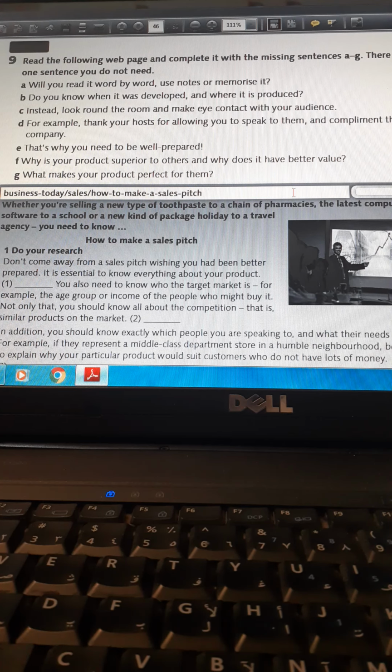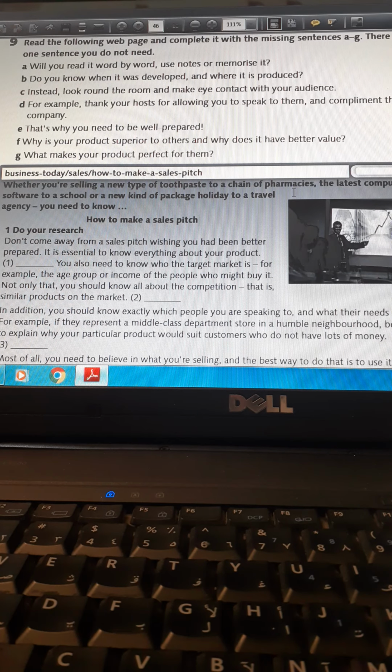Before we start, as you can see in the text, you have 4 or 5 gaps, 6 gaps actually. We need to fill in the gaps with the sentences above the article. We have 6 sentences, A to G. Actually, we have one extra sentence that we don't need.